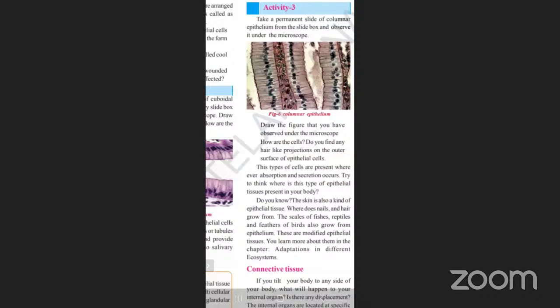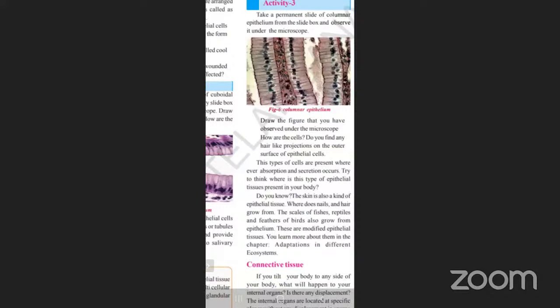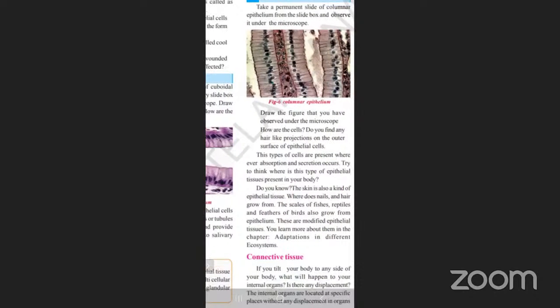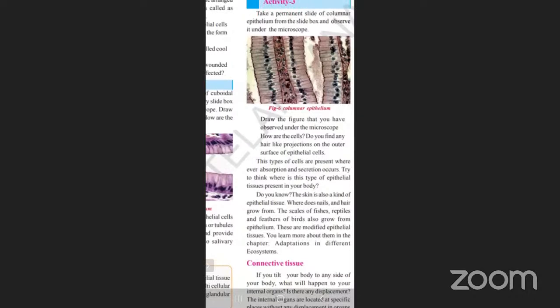As usual, you have to follow the same procedure. Make it in that particular form: aim, apparatus, precaution, procedure, observation, result, and lastly opinion.